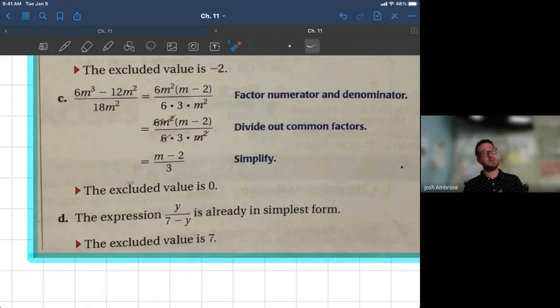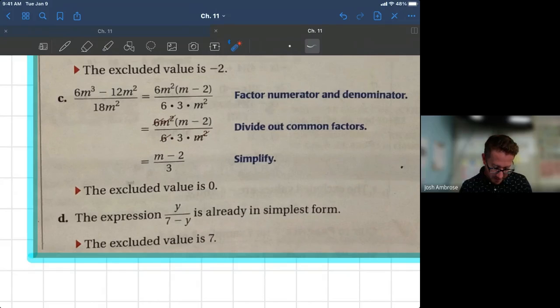They're being multiplied. And that is totally different. If they are being multiplied, you are then allowed to cross them out. So the 6 will cross out. 3's left behind. The m squareds will be allowed to cross out because it's multiplication, not addition or subtraction. All right, and then it simplifies down here to m minus 2 over 3.